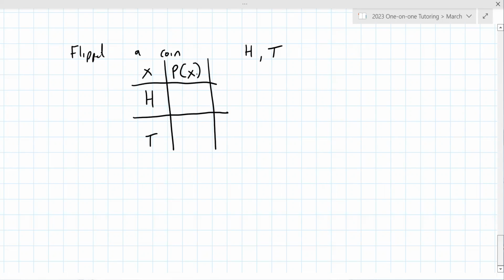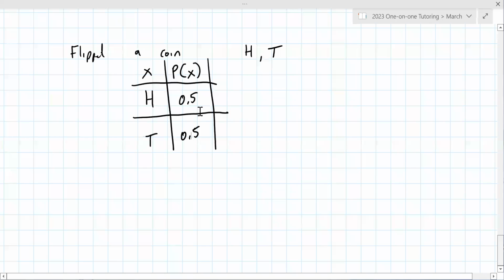The probability of getting a head is 1/2, and tail is also 1/2. So they are the same. They are equally likely. Would you agree with that? Yes. Now, my question to you is, when you flip a coin, does the event, whatever you got one time, affect the next flip? No. They are independent.